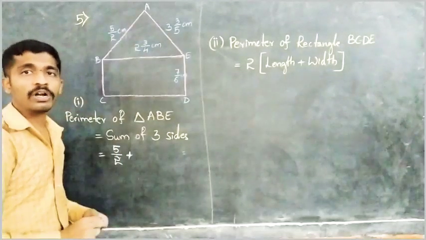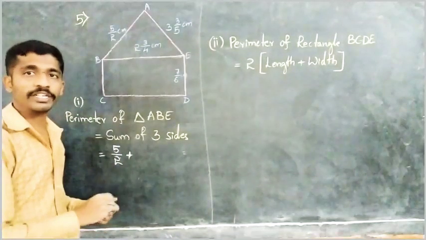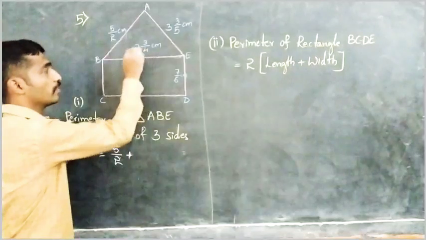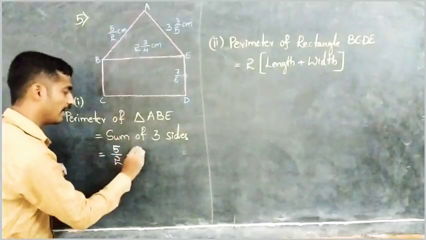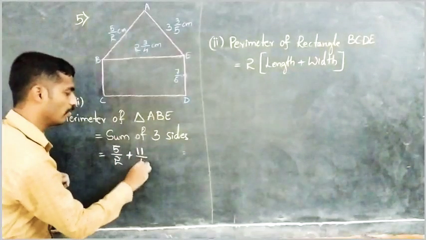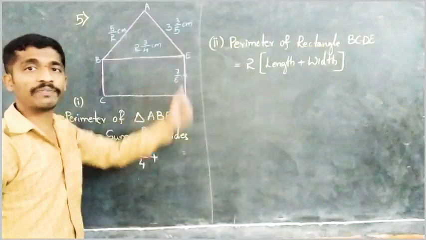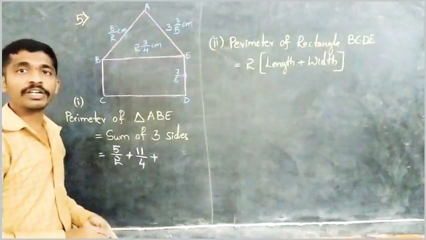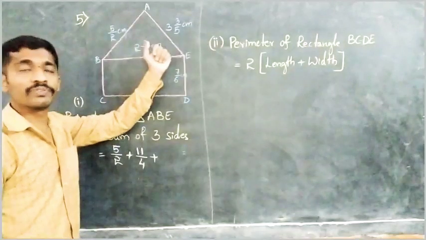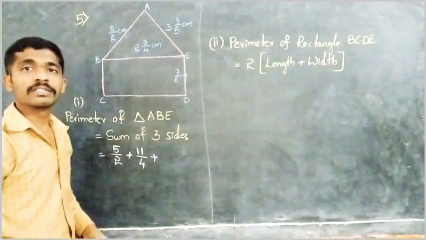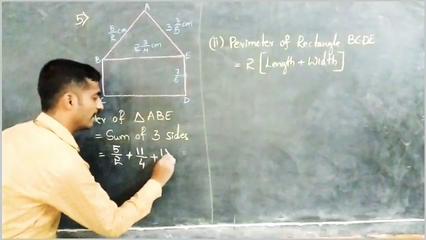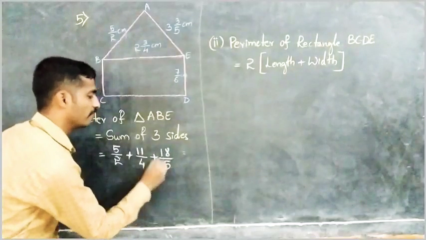So what I will do is convert it into an improper fraction here only. 4 2s are 8, 8 plus 3, 11, so 11 by 4 plus. Next, 3 integer 3 by 5 is there, so convert it into improper: 5 3s are 15, 15 plus 3, that is 18, so 18 by 5.